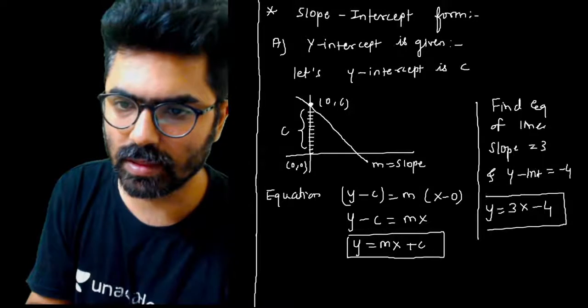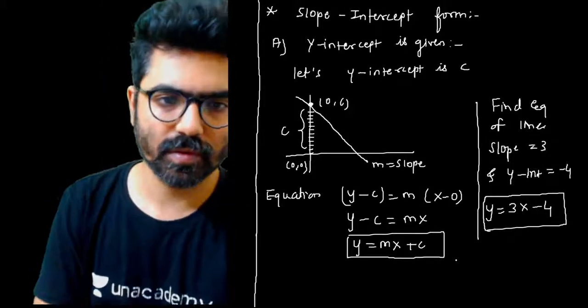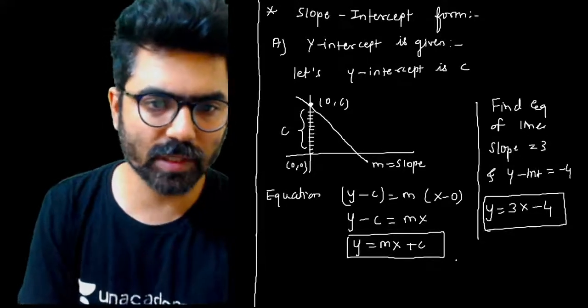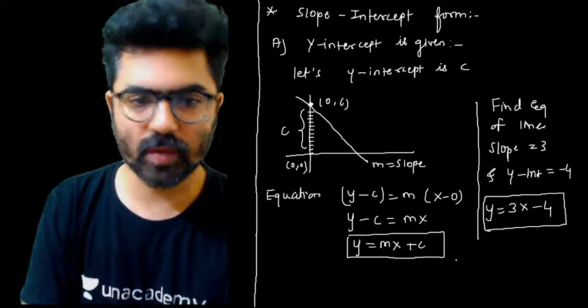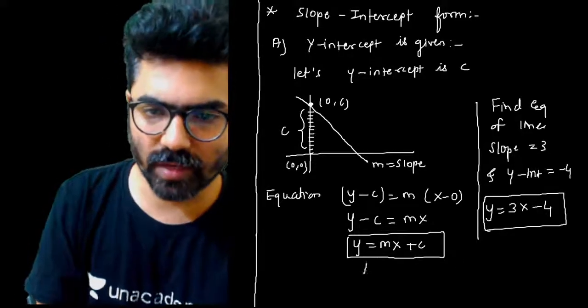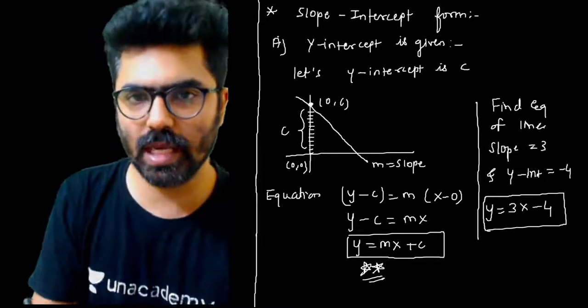This is the required answer. Here the slope was given as 3 and the y-intercept was given as minus 4. I hope this form is very helpful when the y-intercept and a slope are given. This was the A part of this category.